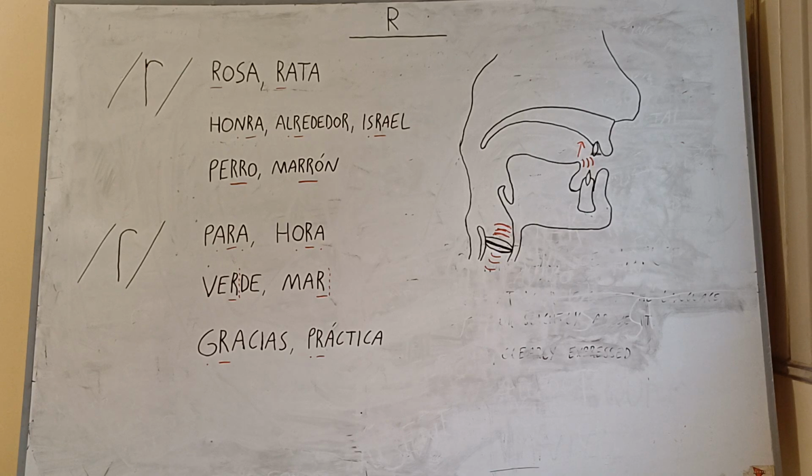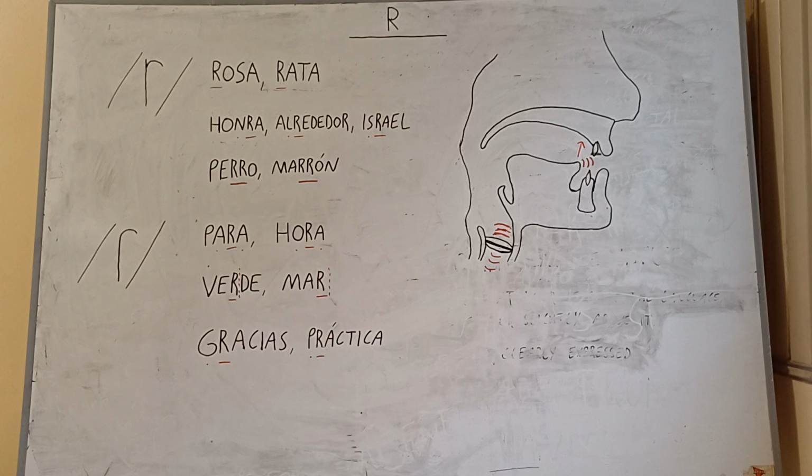And actually, this sound does exist in some English speaking communities. For example, in England or Scotland, where there is a variety of accents, there is the rhotic accent, which includes the trilled r sound in its phonetics.